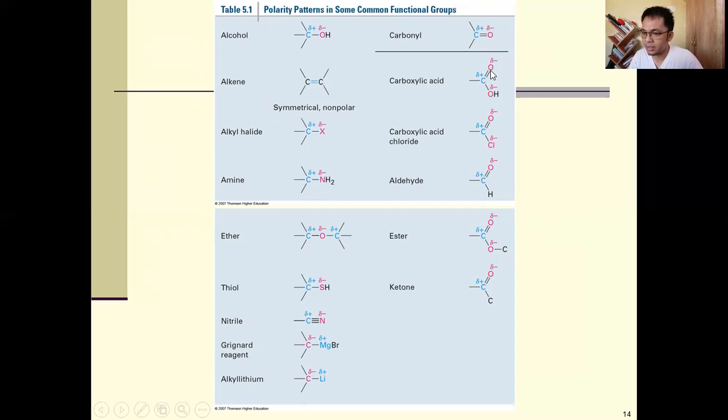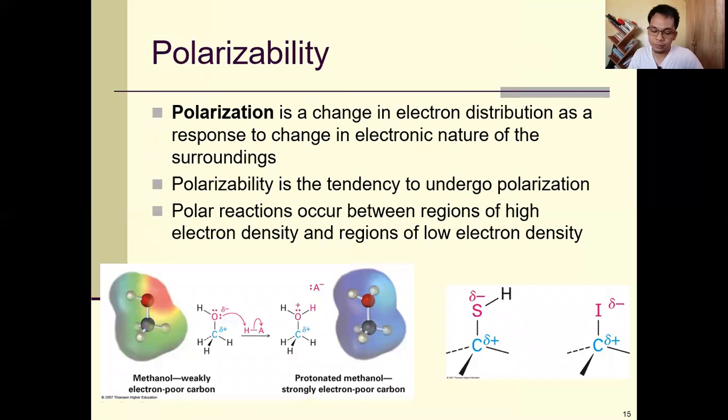Bakit kaya ganun? Kasi nga, oxygen is more electronegative than carbon natin. Kaya siya nag-generate ng ganyang charge. And that relates to our polarizability. When we say polarizability, okay, ito ang mangyayari doon. Magkakaroon tayo sa ating electrostatic potential map here ng electron-rich areas natin.